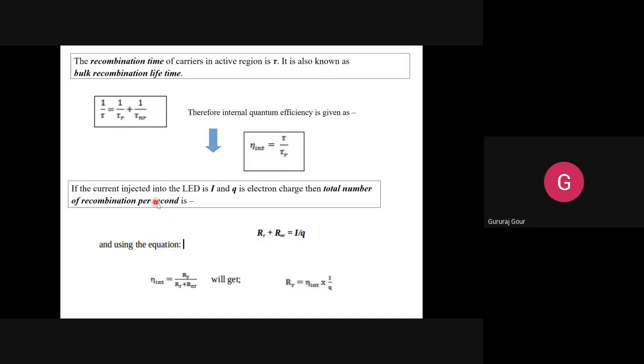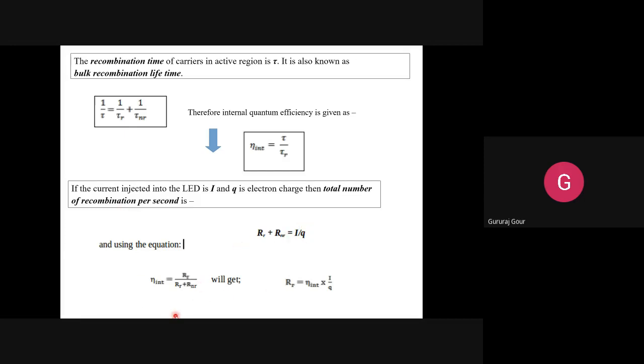So if the current injected into the LED is I and q is the electron charge, then the total number of recombinations happening every second is given by this equation. That is RR, the radiative recombination rate, plus RNR, the non-radiative recombination rate, equal to I by q. I by q gives you the number of recombinations happening every second.